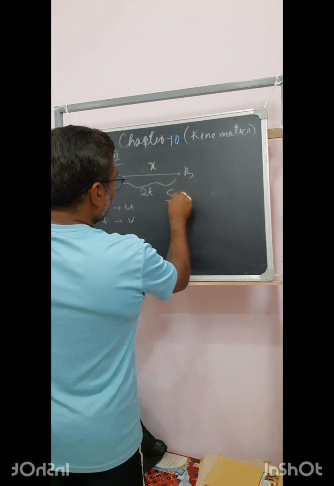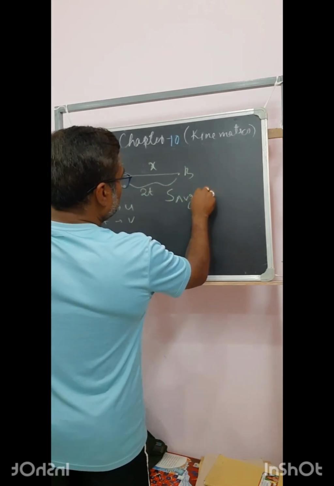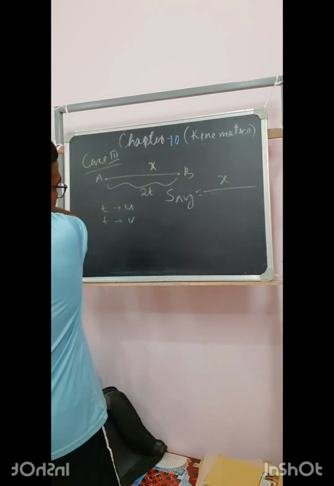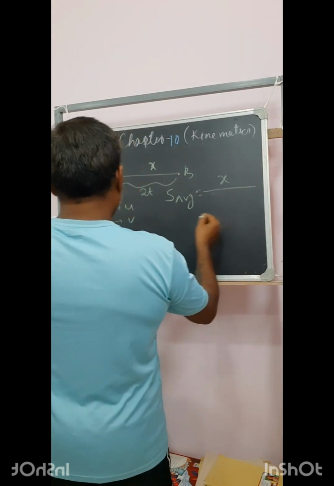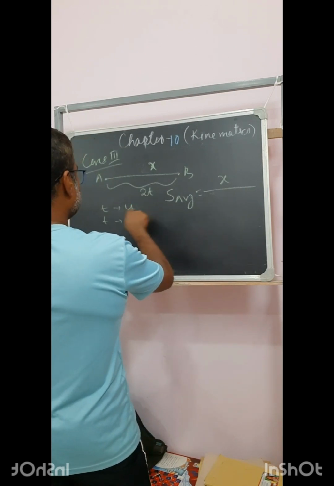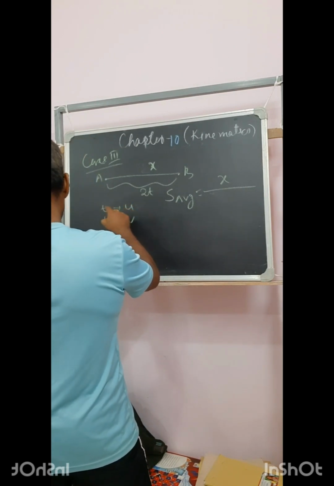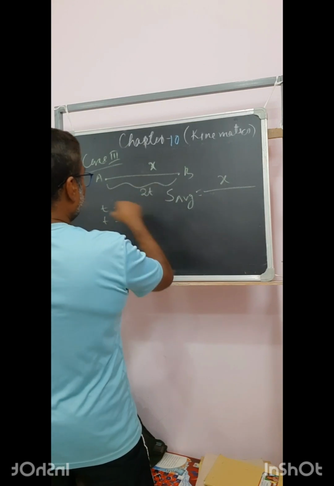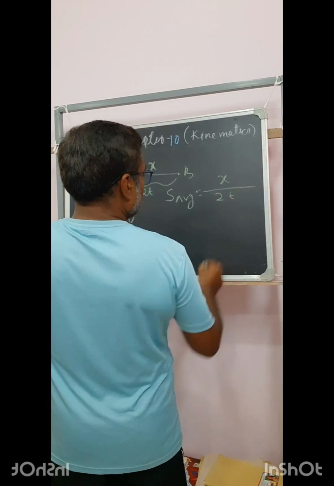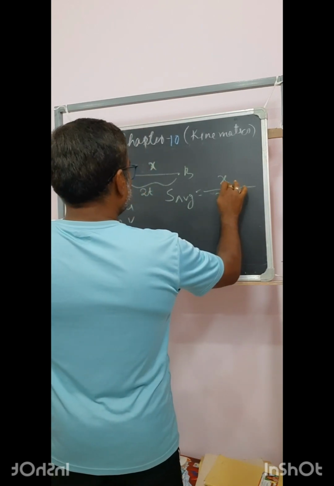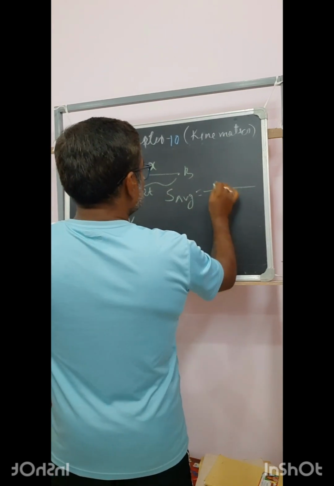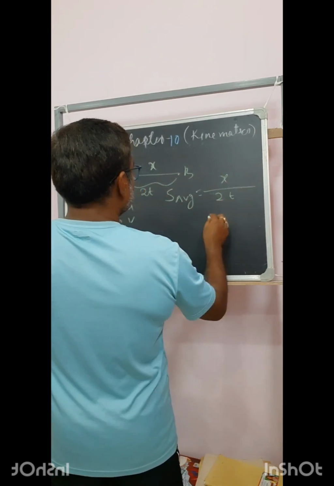Then if I want to calculate S average, the total distance is x, and the total time is what? Time has to be represented with the given condition. The time is not given, the only thing given is that half of the time is set. So the total time has to be 2t. The distance is not set, velocity and time are set, so I have to consider the total distance as x.